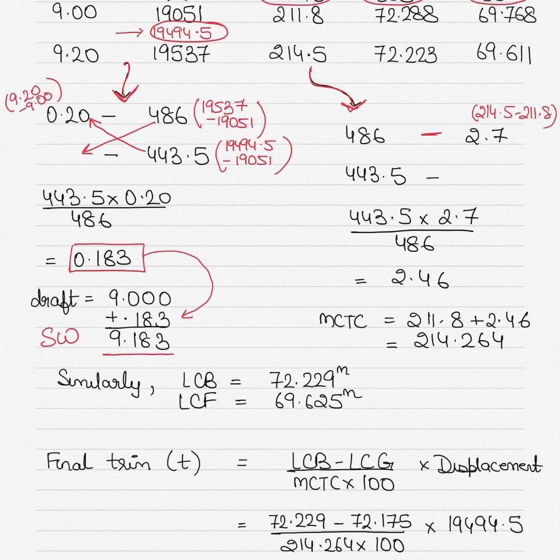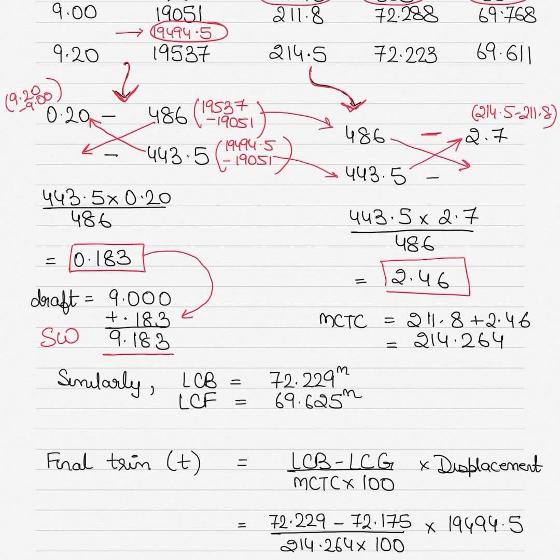Alright, and this 486 is the same as here, the difference between 19537 and 19051, which are the two displacements. But I need the change in the MCTC for a change in displacement of 443.5. Where did I get this from? From here. So therefore, to find the change in the MCTC, I will cross multiply and find out the correction of MCTC, 2.46.